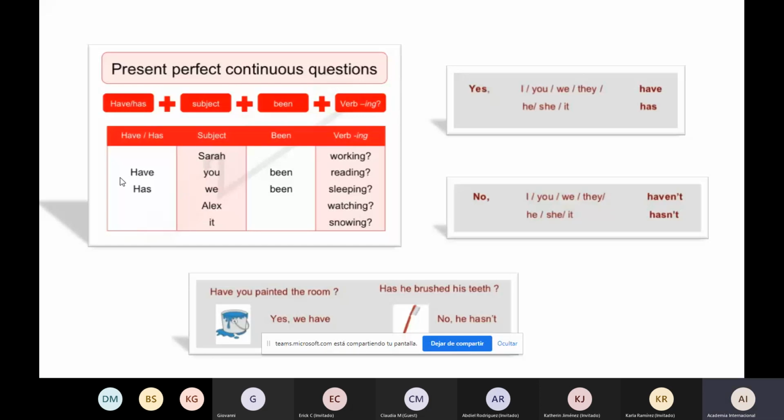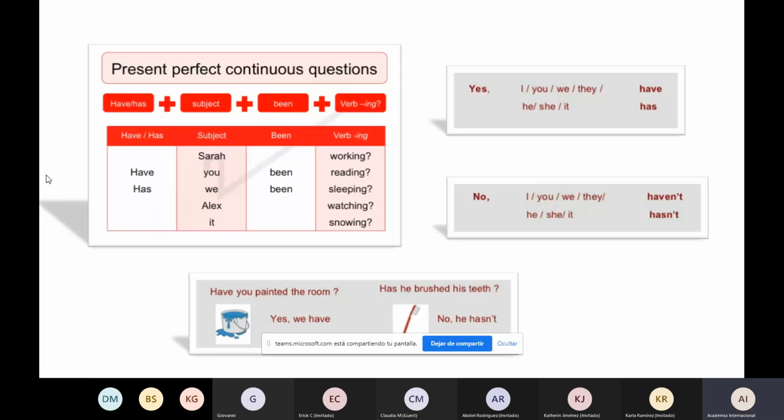For example, have you been reading? ¿Has estado leyendo? Or has Sarah been working? ¿Ha estado trabajando Sara? Has Alex been sleeping?